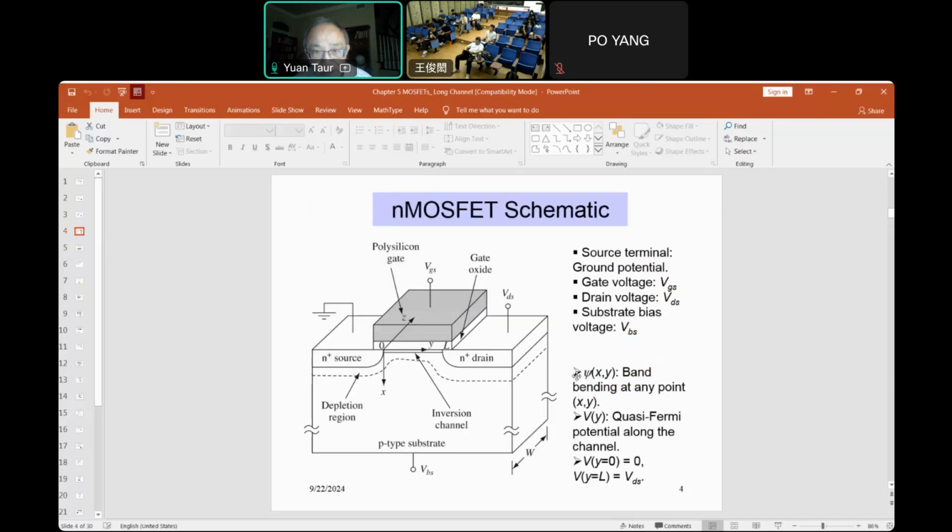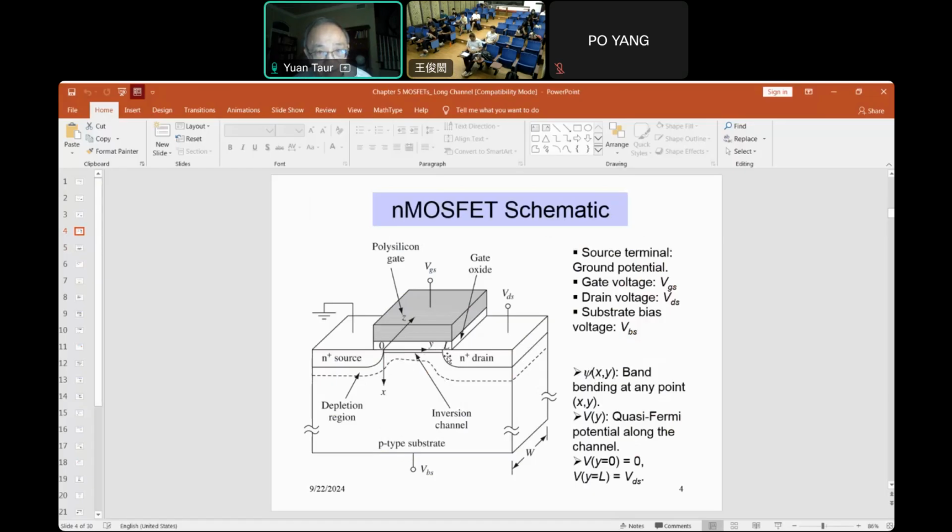So the Poisson equation will have two terms: the second derivative of potential with respect to x, and the second derivative of potential with respect to y. And that becomes a partial differential equation, and that's very difficult to deal with. So the first approximation is that we ignore the potential curvature in the y direction because the potential change in the y direction is controlled by the channel length, L.